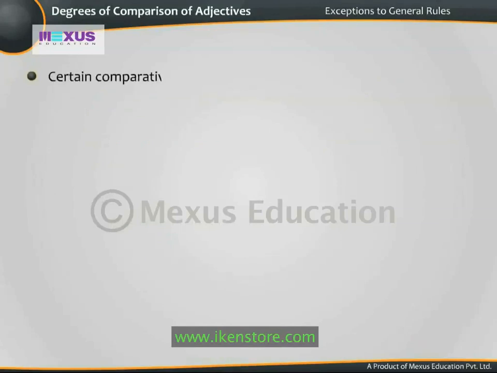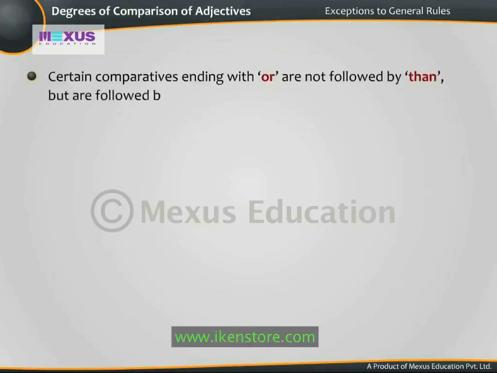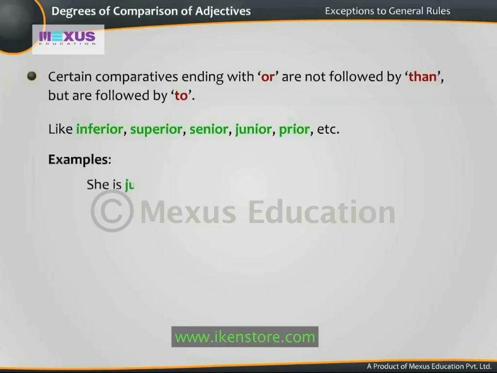Certain comparative degrees ending with OR are not followed by than, but are followed by to, like inferior, superior, senior, junior, prior, etc. Consider these examples.